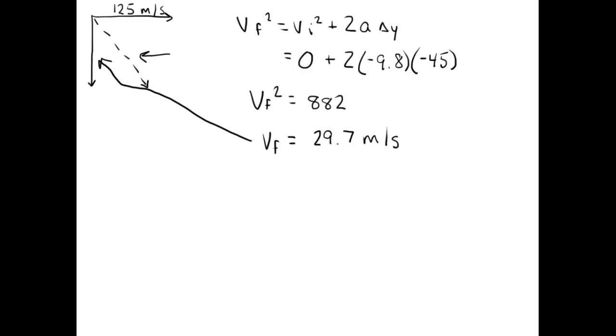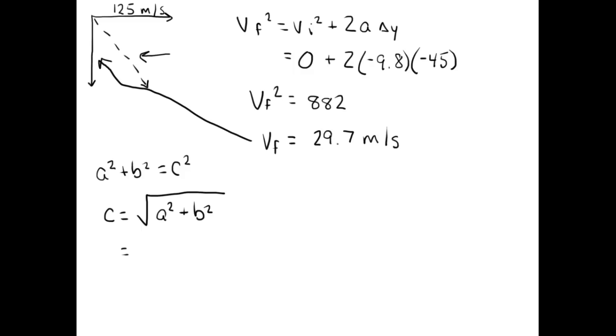So now I've got two sides of my triangle. I've got this piece right here. I've got this piece right here. If you're thinking Pythagorean theorem, you're correct. a squared plus b squared equals c squared. c squared traditionally is your hypotenuse. That's what I want to find here. So I set this up as c equals the square root of a squared plus b squared.